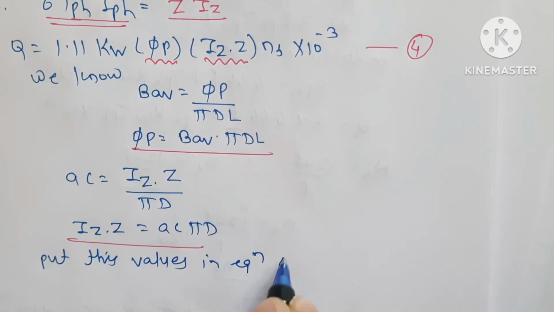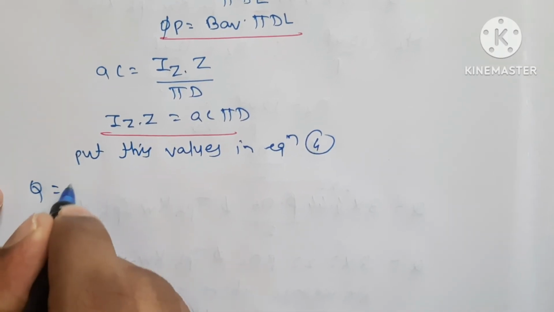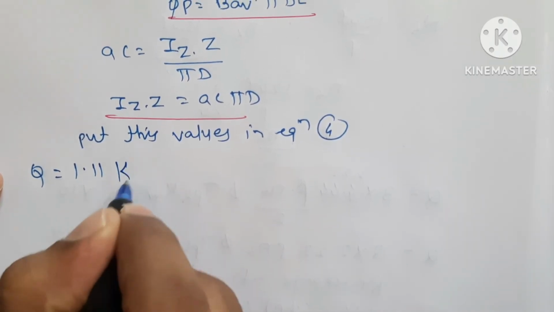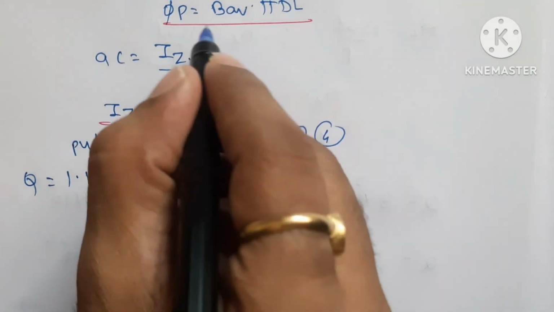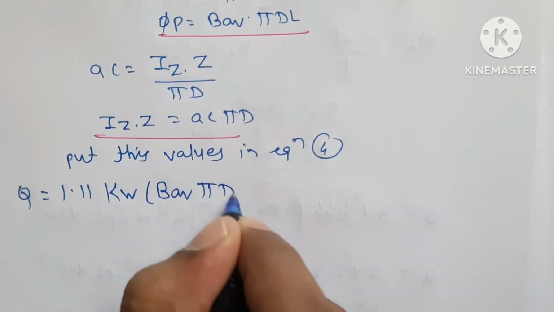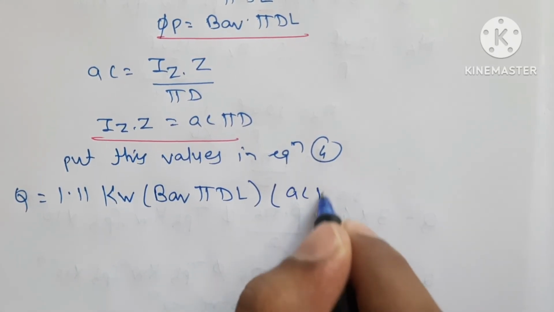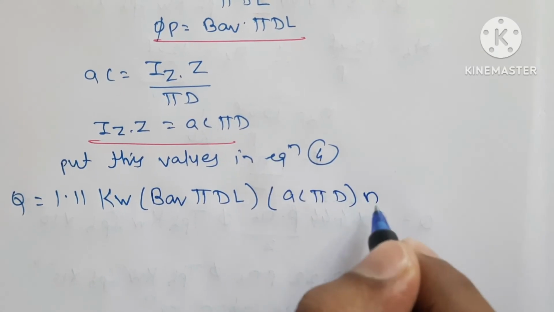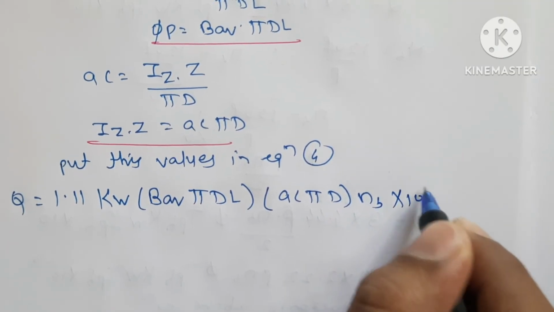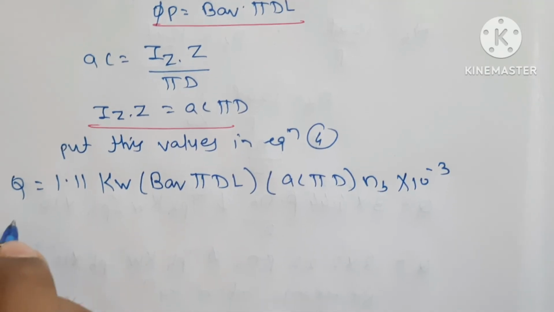in equation 4, which becomes Q is equal to 1.11 kW, and instead of phi P we write BAV pi D L, IZ is AC pi D, into ns into 10 to the power minus 3. Now again we will rearrange the above equation.